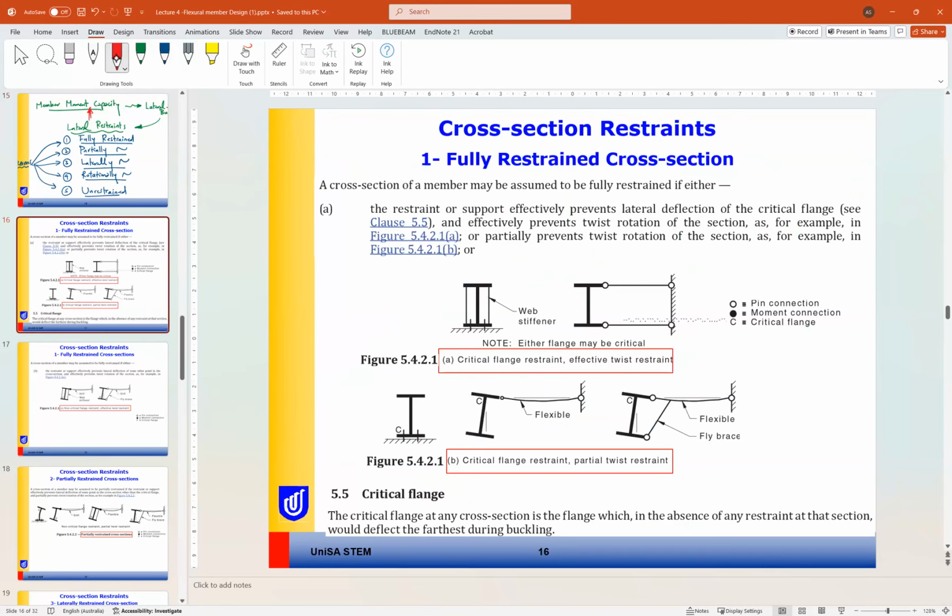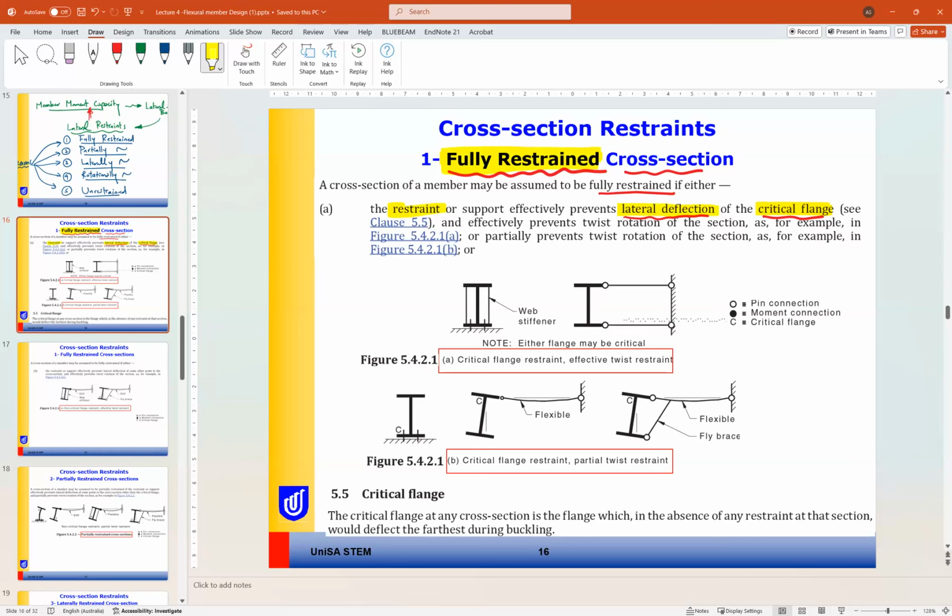So the standard here is discussing the fully laterally restrained sections. The section can be assumed fully restrained if the restraint or the support effectively prevents the lateral deflection of the critical flange. So the main problem again is our critical flange. If the restraint prevents the lateral deflection, we can consider it as a fully restrained beam.